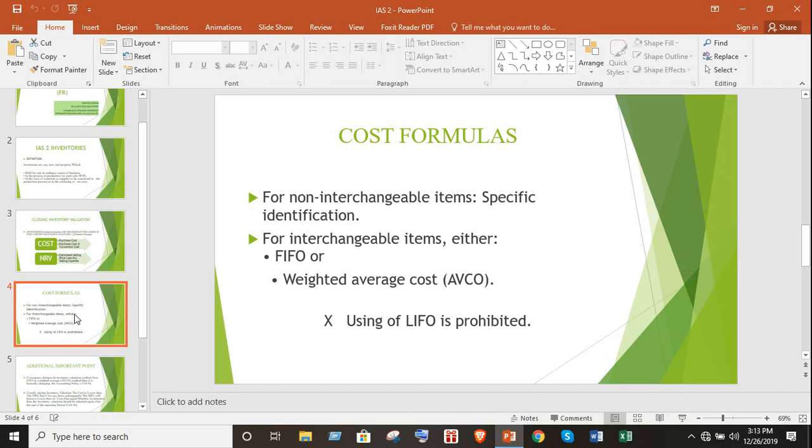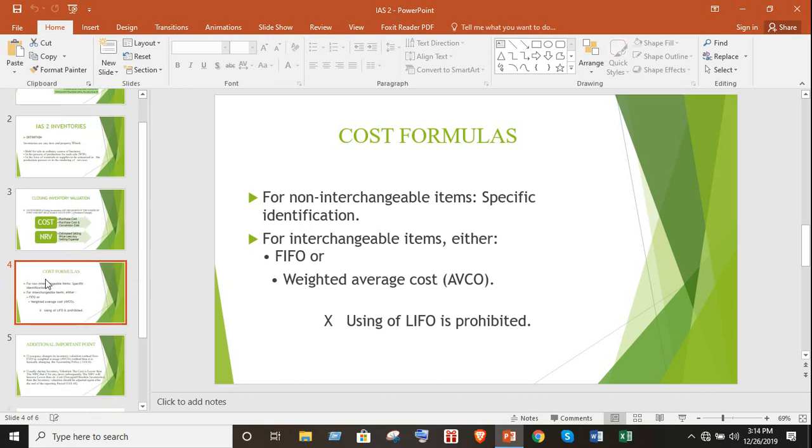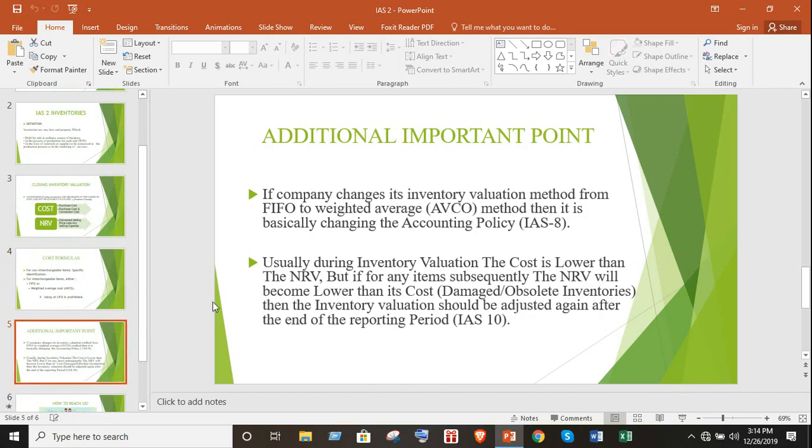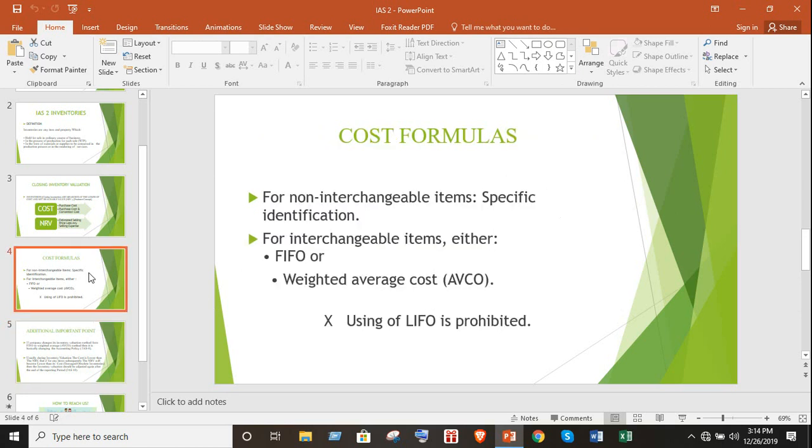So now we need to understand the additional points related to IAS 2. That was the basic part of IAS 2, but there are additional things that we need to understand in addition to IAS 2. First of all, in the previous slide we have already shown you that the cost formula should be chosen either FIFO or AVCO.